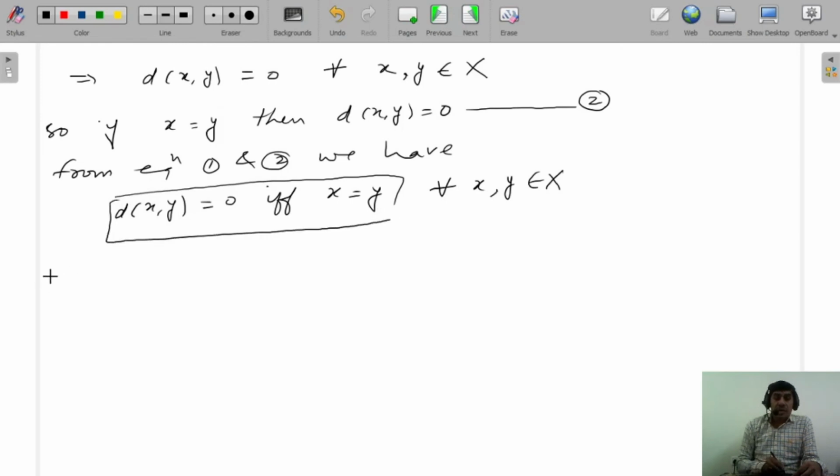Next, third property, symmetric property.